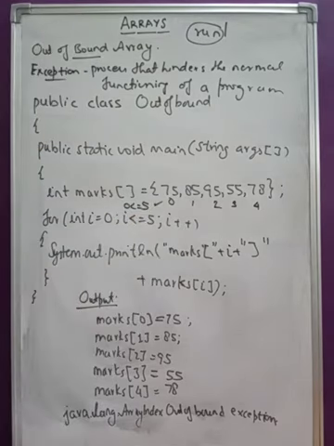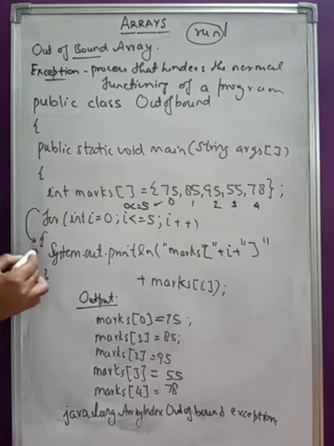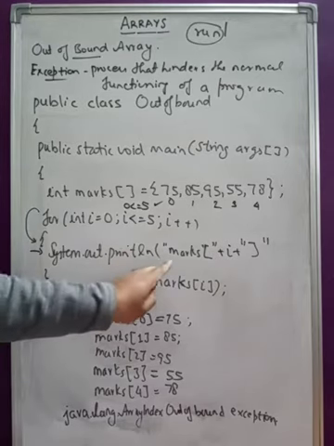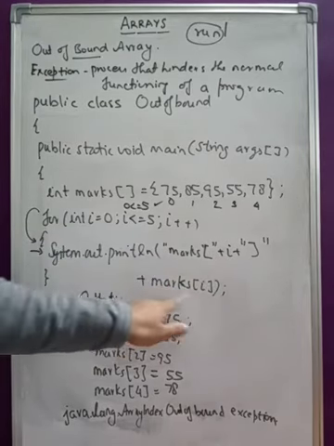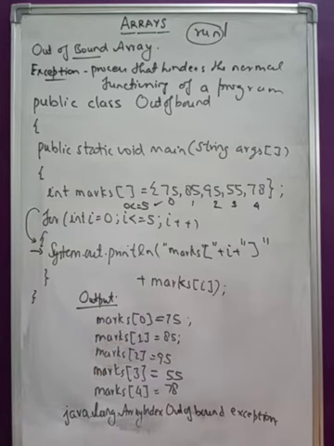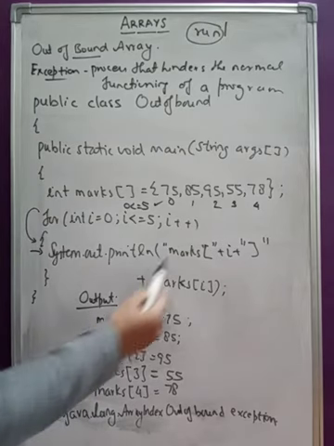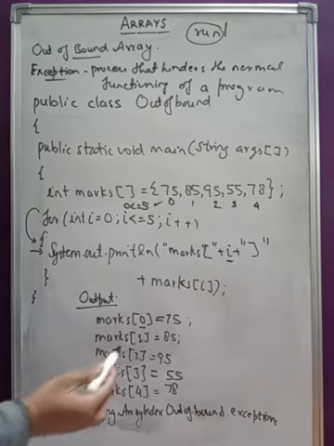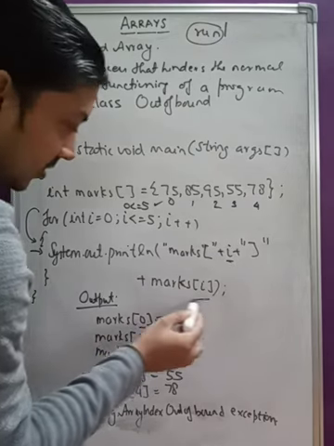This condition will be true, so you get inside the body of the loop and execute the statement System.out.println("marks[" + i + "] = " + marks[i]). Since the value of i is 0, it will be printed as marks[0], which is equal to marks[i].